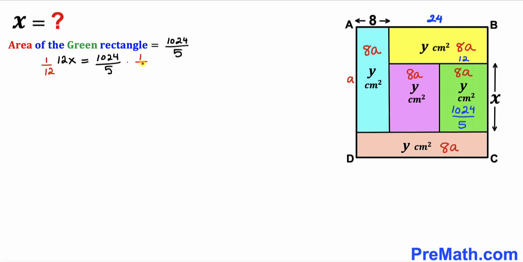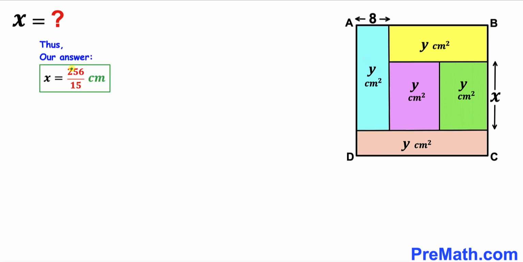And here 12 and 12 is gone. So therefore our x value turns out to be, if we simplify the right hand side, 256 divided by 15. So thus our x value turns out to be 256 divided by 15 centimeter, and that is going to be equal to 17.1 centimeter.